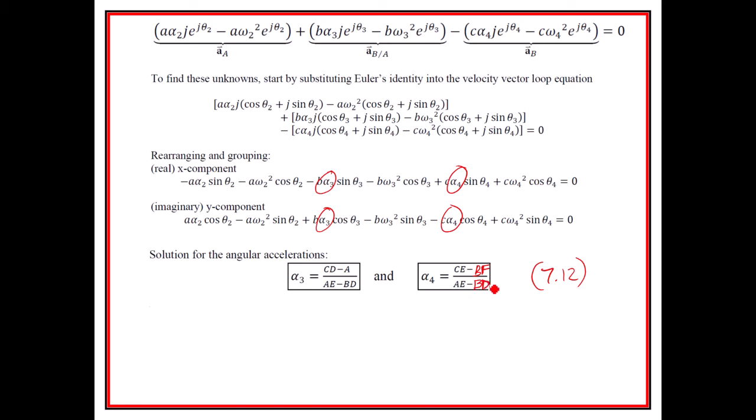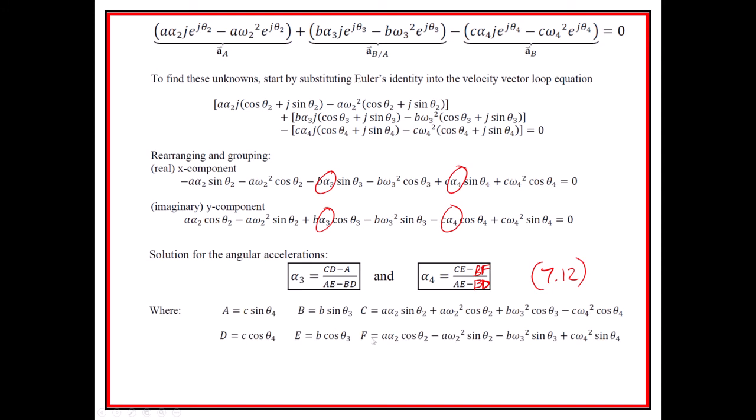So I'm not sure why those aren't in my notes, but I'll make sure that I put them in. And all of these we just substitute in these values right here, where you can see that C and F are rather long things, but they just did the algebra for you. I guess that was kind of nice of them, right? Kind of a long thing, but it sort of ends with the trend of Norton's method.